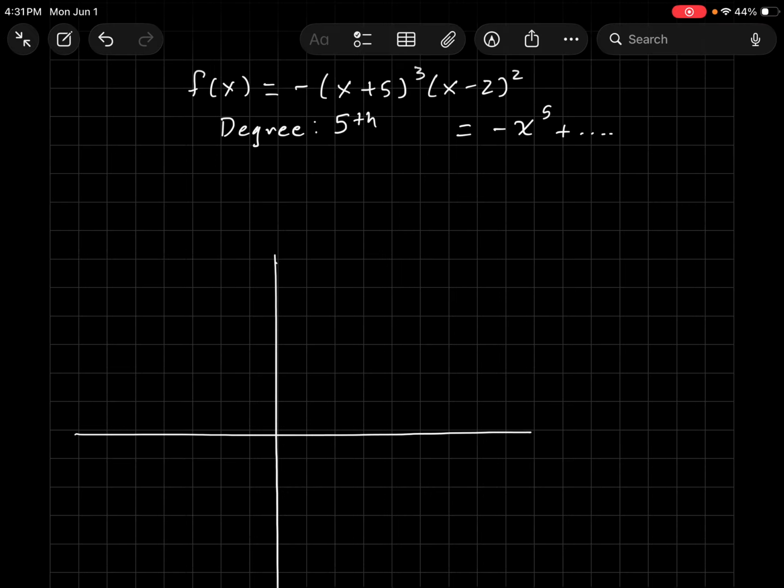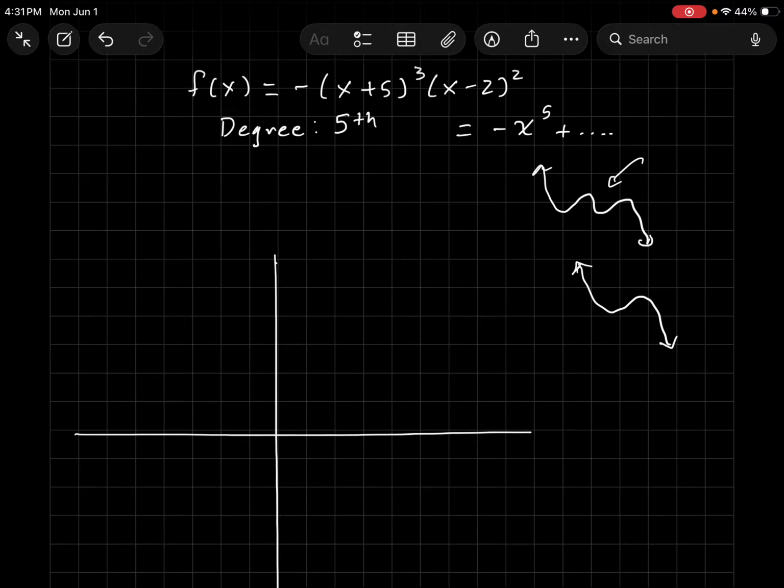So how could we draw this one? Well, let's start with our parent function. A negative x to the fifth looks like this, in general. It might not have as many twists and turns. It might look more like a negative x cubed, but it definitely has that type of shape.